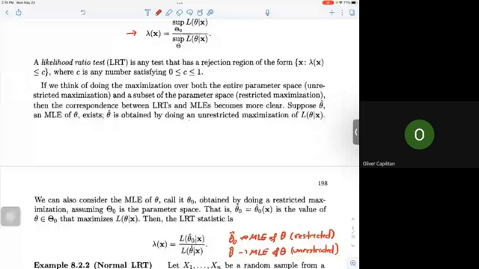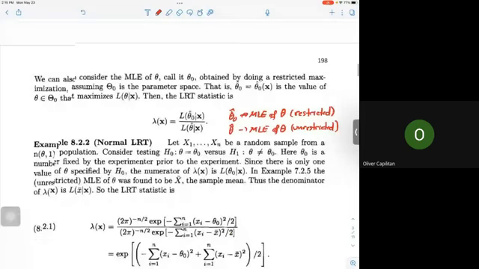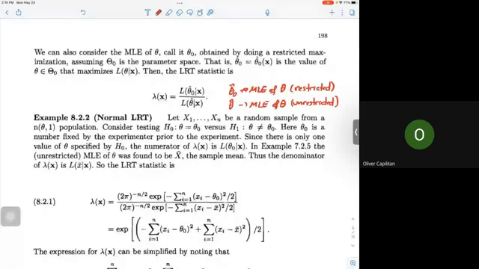But if we knew already the maximum likelihood estimate of our parameter, then we can use the alternative formula. Let us consider example 8.2.2 to illustrate especially the definition as well as the alternative formula.